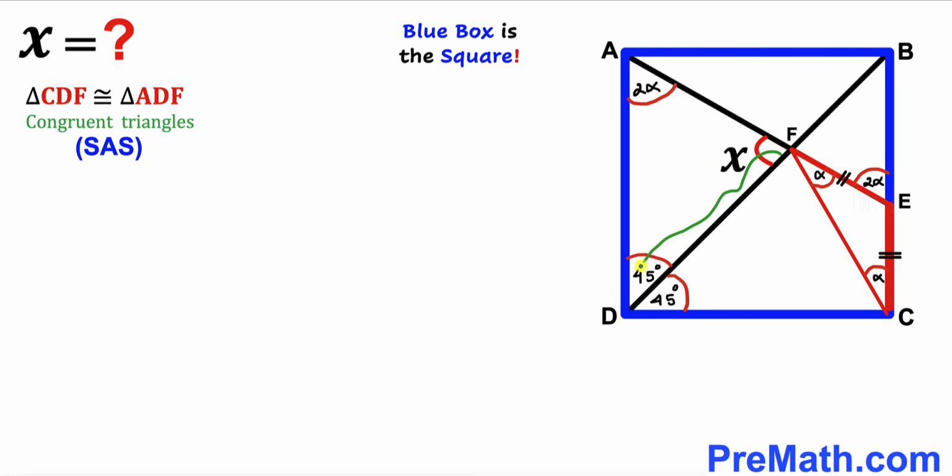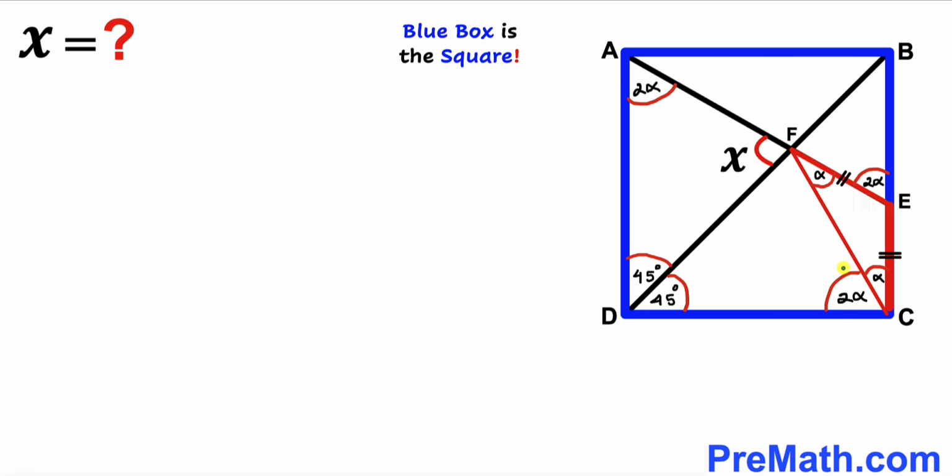Side FD is in common. And furthermore, these two angles are congruent. Since these two triangles are congruent, this angle has got to be congruent to this angle. We know this angle is 2 times alpha, so this angle has got to be 2 times alpha as well. Thus angle DCF turns out to be 2 times alpha.